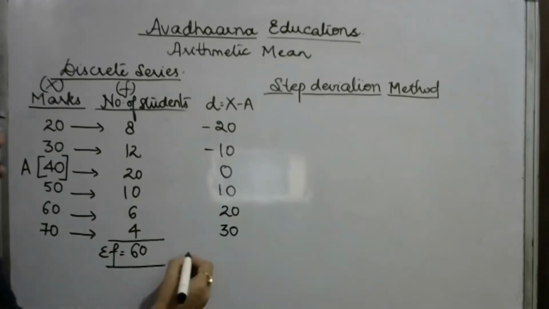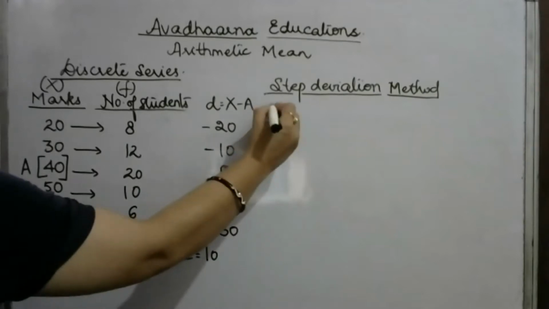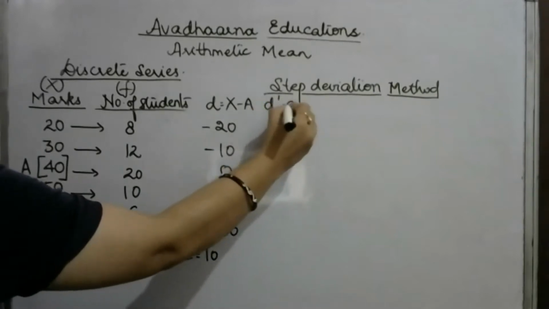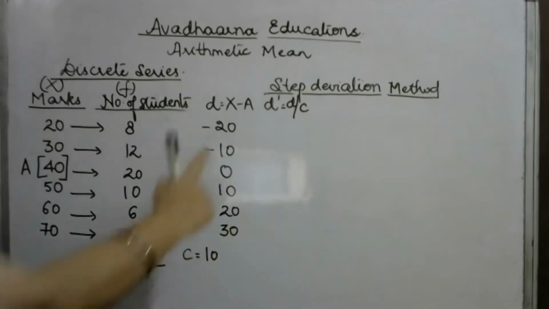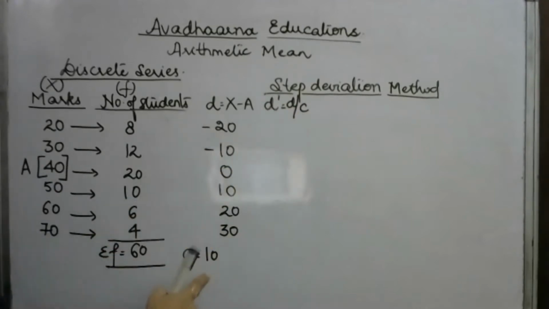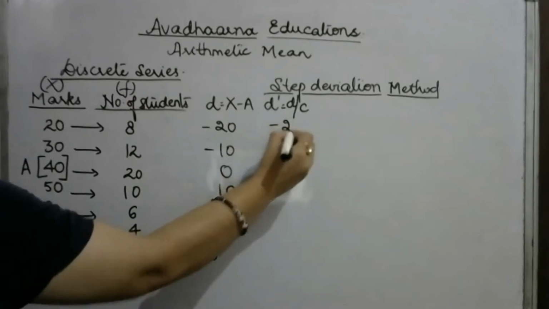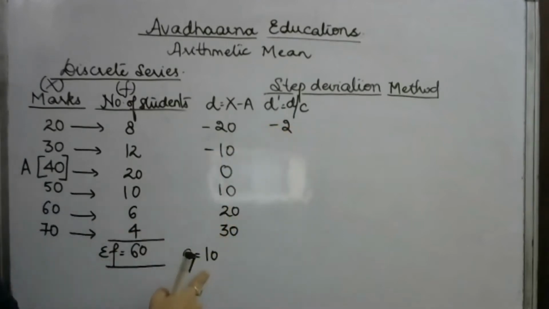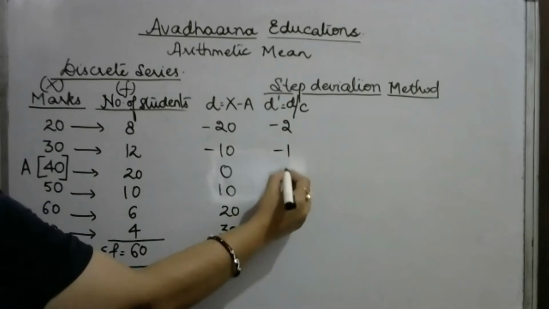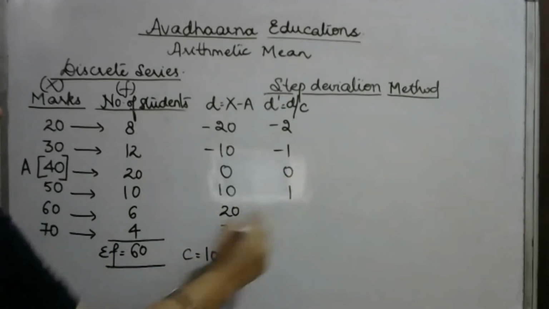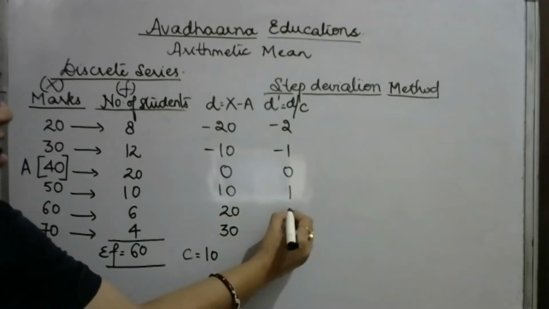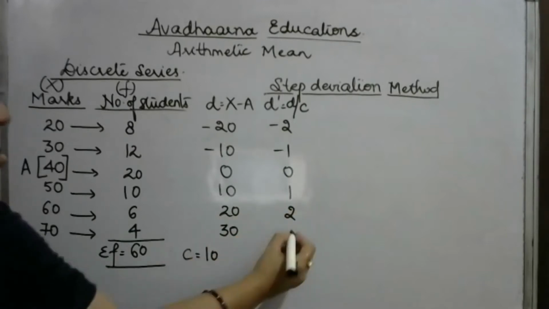So let us take C, the common factor, as 10, and then we are going to calculate D dash, which is nothing but D upon C. So -20 upon 10 is -2, -10 upon 10 is -1, 0, 10 upon 10 is 1, 20 upon 10 is 2, 30 upon 10 is 3.